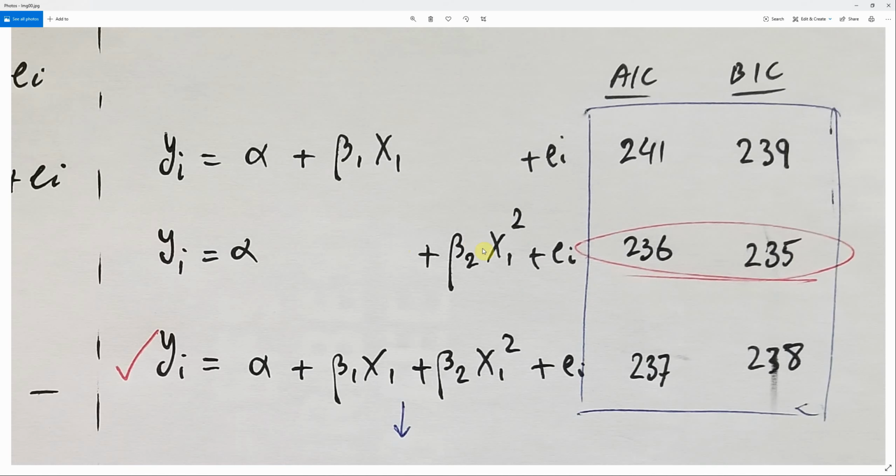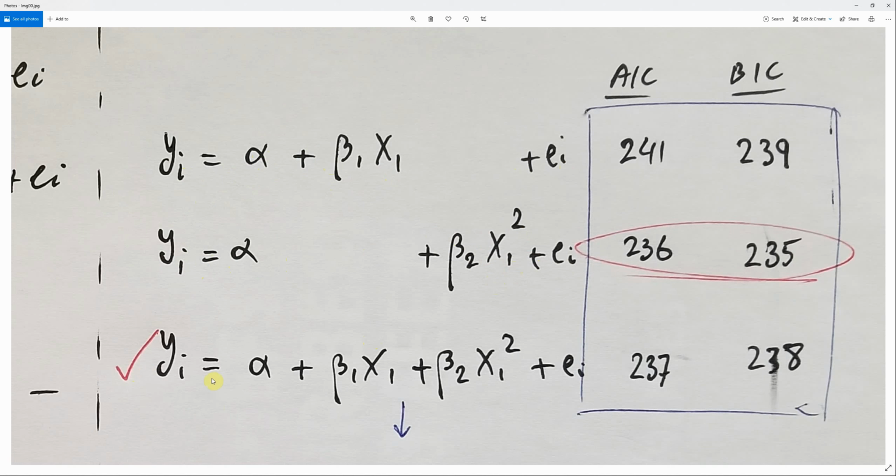For instance, let's say we have these three models. y_i equals alpha plus beta 1 x1 plus e_i. This is a simple linear regression. And then another simple linear regression, but it just has the quadratic term. So y equals alpha plus beta 2 x1 squared plus the error term.